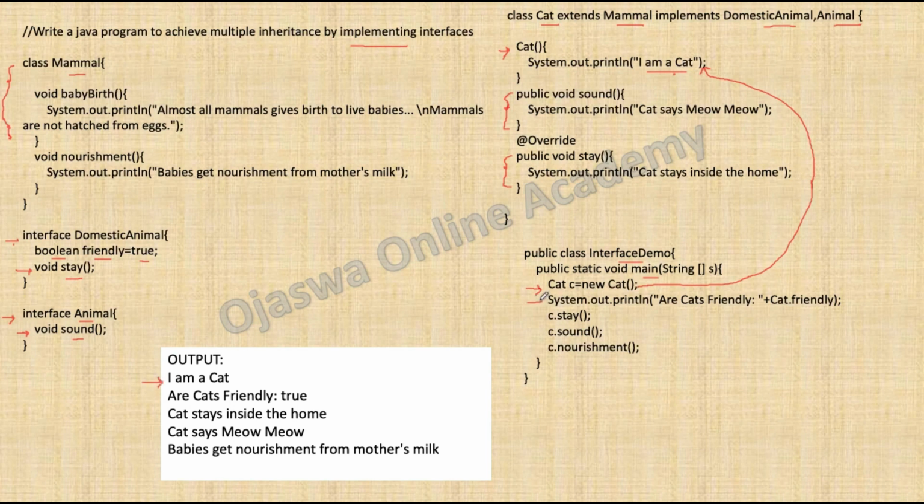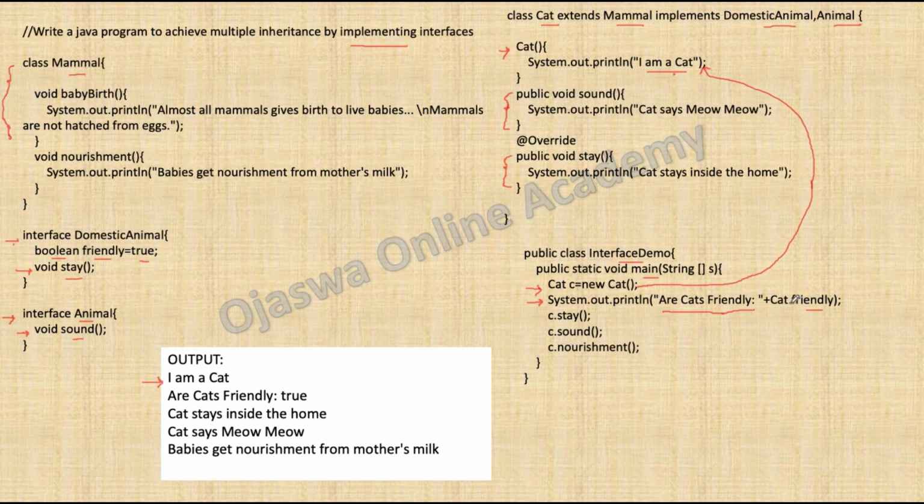The next statement is System.out.println. We are printing our cat's friendly. This is a string. It will be printed as it is to the console. Here we are invoking variable friendly. Now variable friendly is a static variable. Now there are three ways for invoking a static variable over here.